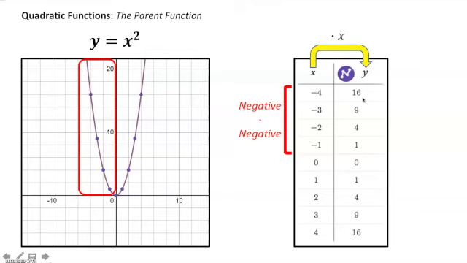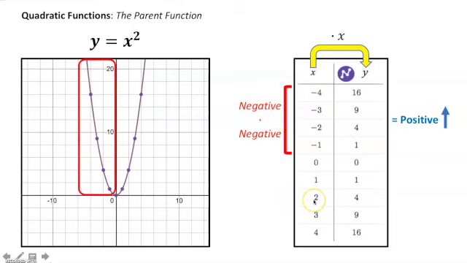So negative times a negative. If we look on the left side, those are the negatives. Notice the line is still going up. So the y is still positive, right? So negative times a negative makes a positive. Negative 3 times negative 3 makes positive 9. Negative 4 times negative 4 makes positive 16. So the left side is going up even though the x's are negative because a negative times a negative makes a positive.